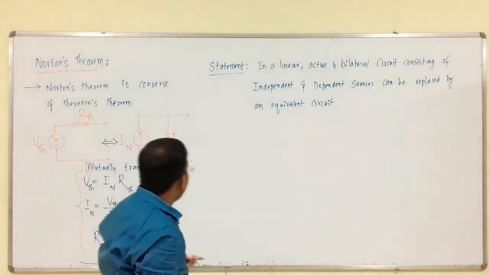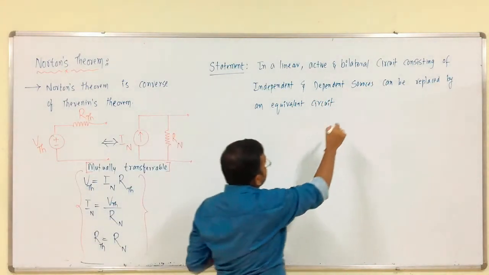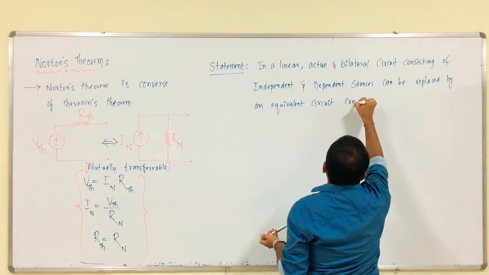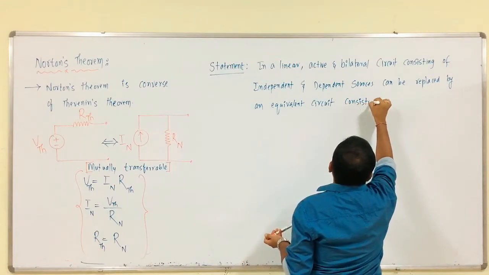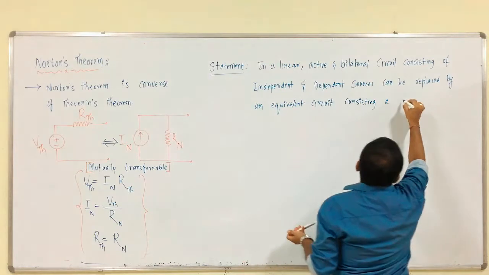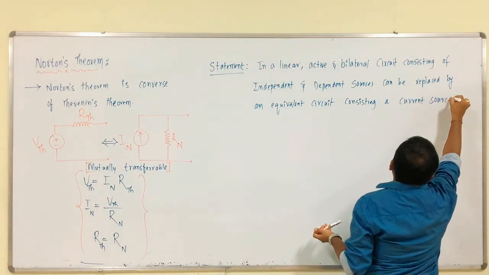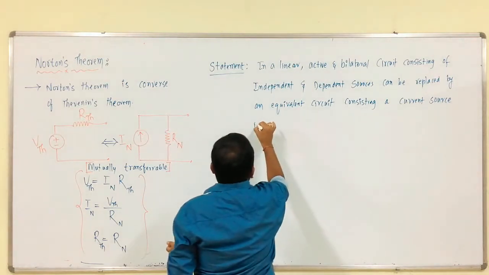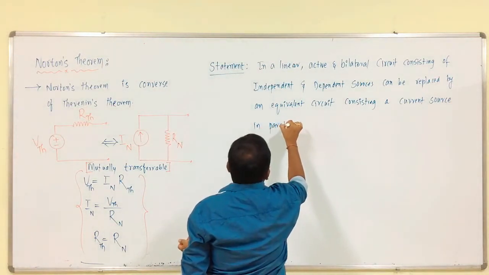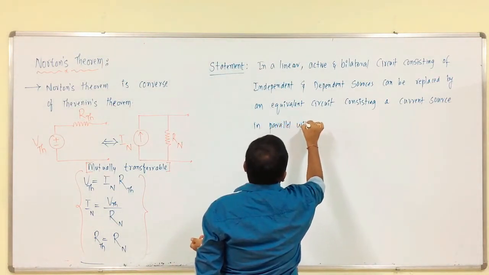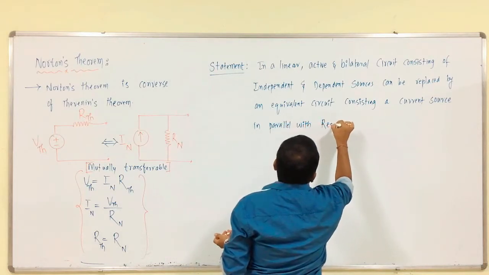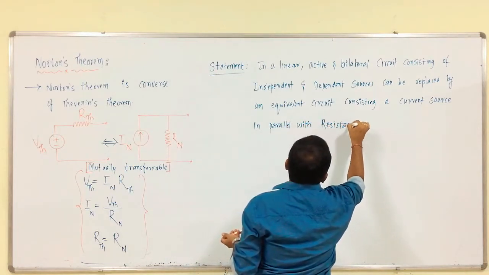The circuit consisting of what? Consisting of a current source in parallel with a resistance.